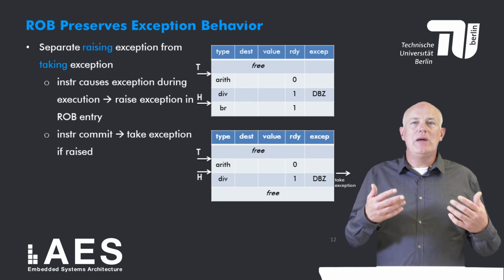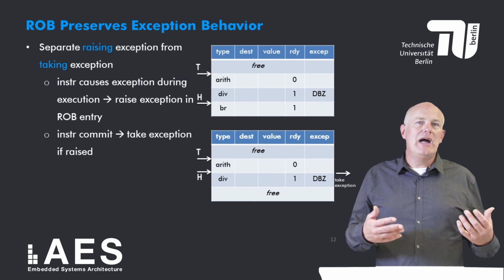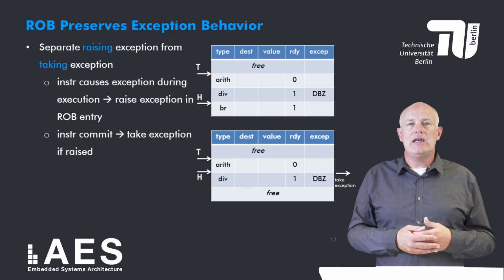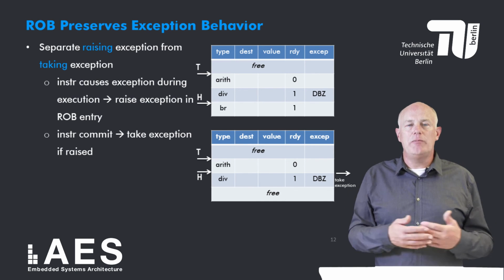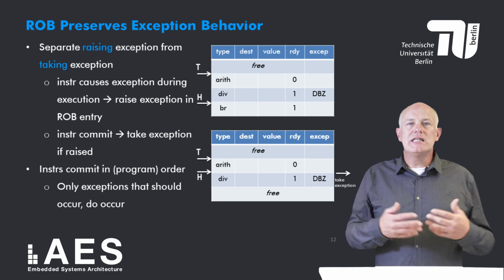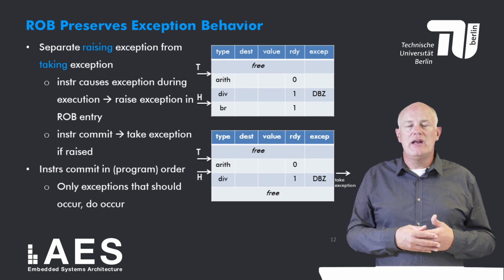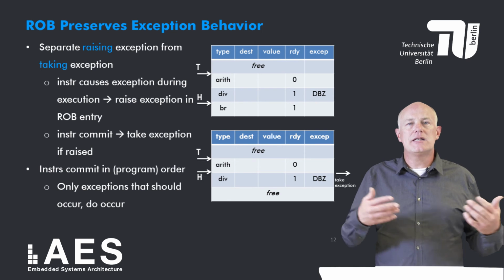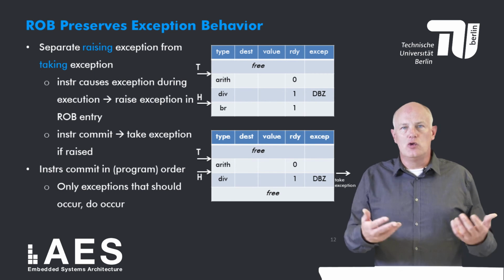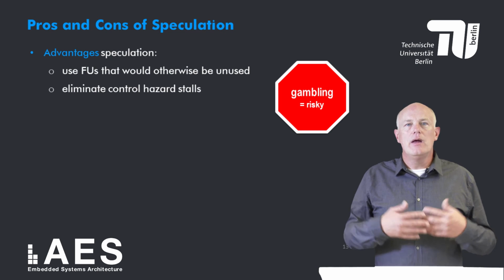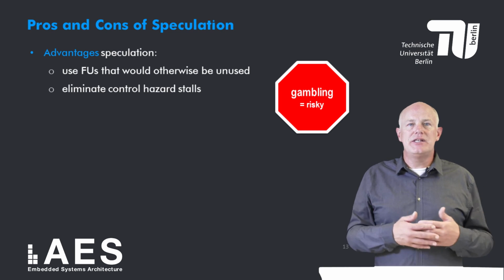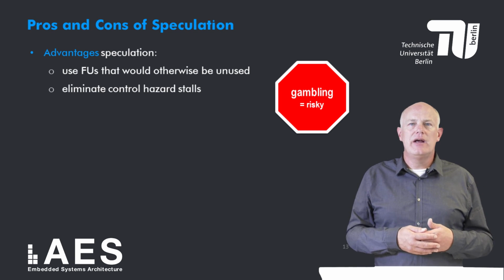If the branch would have been incorrectly predicted, the divide would have been flushed before it reached the head of the ROB and the exception would not have been taken. Because instructions commit in order and only when they are no longer speculative, this ensures that only exceptions that should occur do occur. I end this lesson with some advantages and disadvantages of speculation.